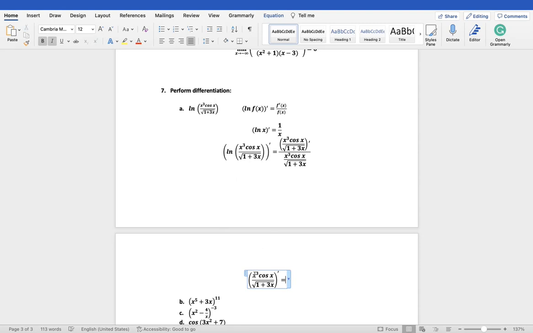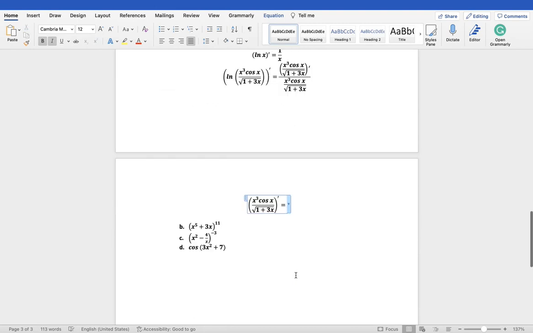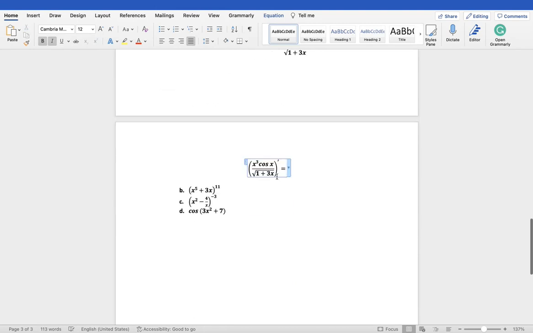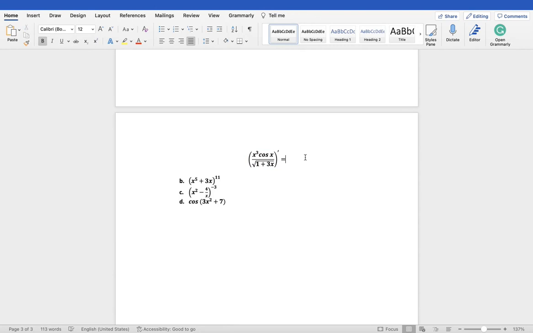So let's look at the derivative here. Here you have a function divided by another function, so you have the quotient of two functions. And this is also one of the rules that you have.